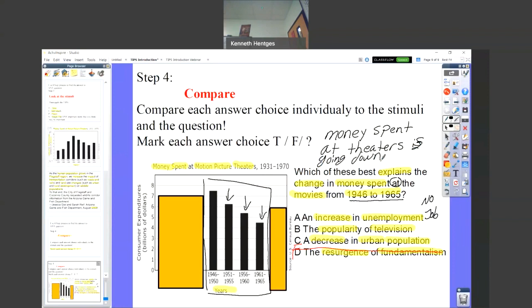Now, would more people not having a job lead to less money being spent? Possibly.